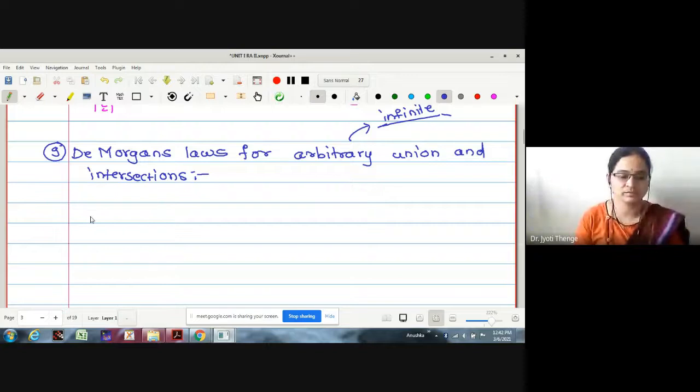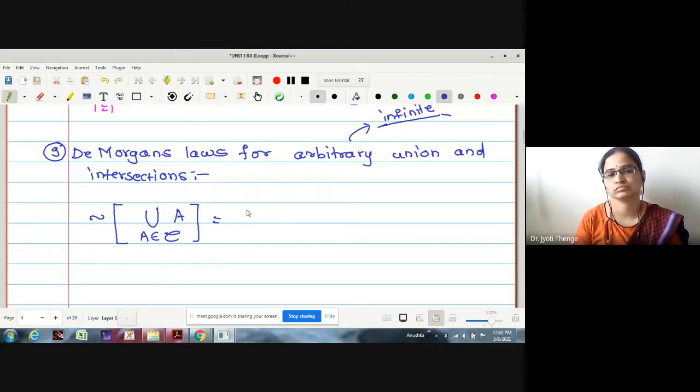Okay, then complement of union A, A is in curly C. This is complement of arbitrary union. What will it be? Complement of arbitrary union of A, where A is in the disjoint collection.